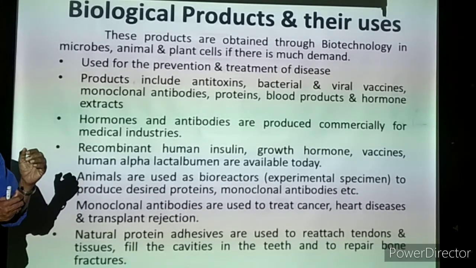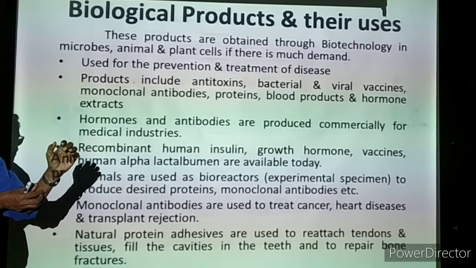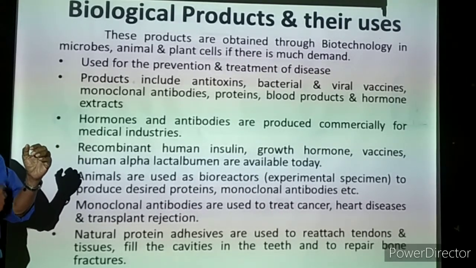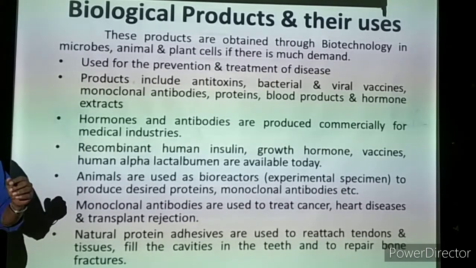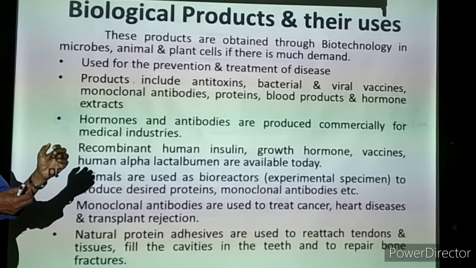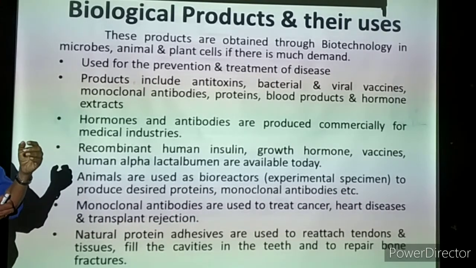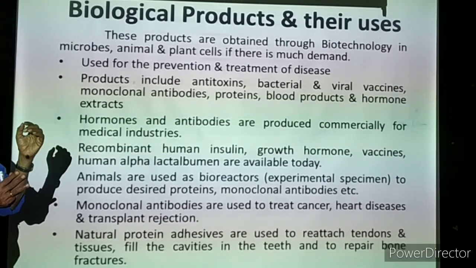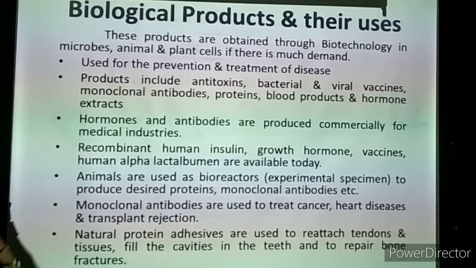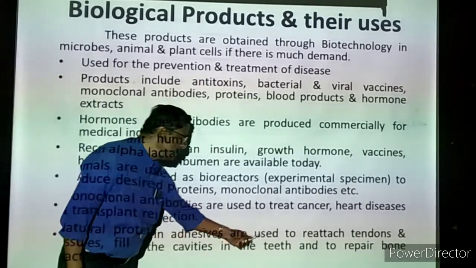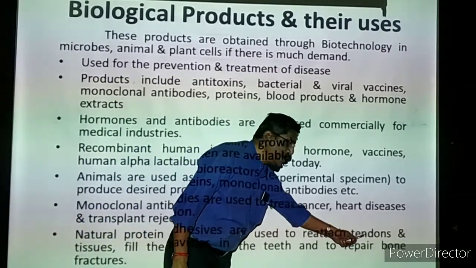Previously, the old method, even now also, they will make the skin edges join and make sutures, maybe 5, 6, 7, 8, 9 sutures. But now it is very simple. They will apply this protein adhesive at the gap where the cut is. Then they will bring the two edges and hold it for some time. Then automatically they will attach.